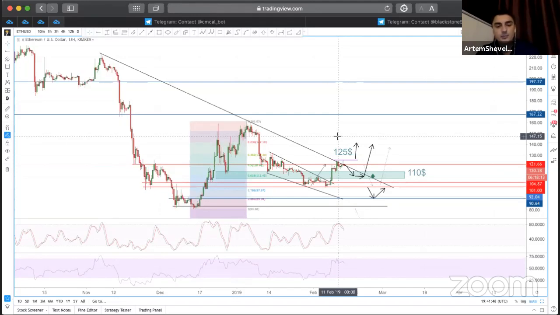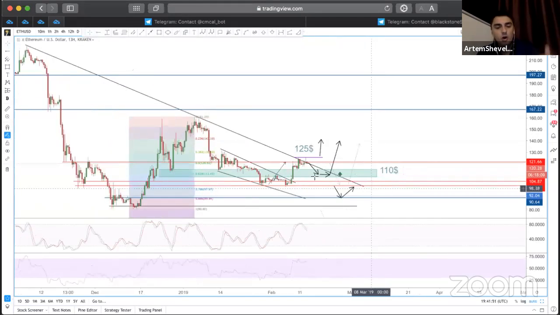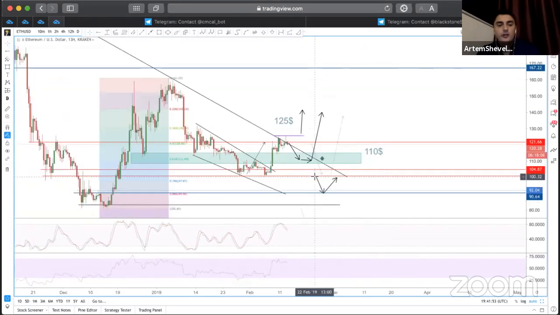So as I said before, we have a probability to go below 100 to revisit the 90 area. And from the 90 area, I expect good market behavior, because this area is probably good demand for longs, good demand for buy and holds.